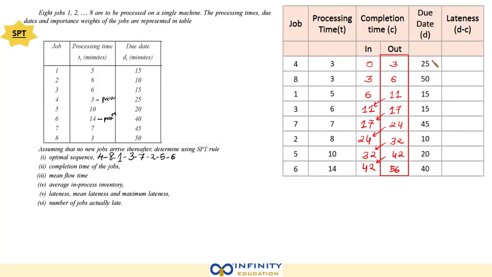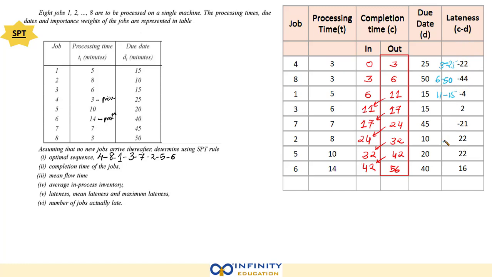Now we write the due dates for all the jobs. The data is already given in the table. Calculate lateness. Lateness is equal to completion time minus due date. It means completion time is 3, due date is 25, so 3 minus 25; for this, 6 minus 50; 11 minus 15, likewise. So we get 3 minus 25, which is minus 22.